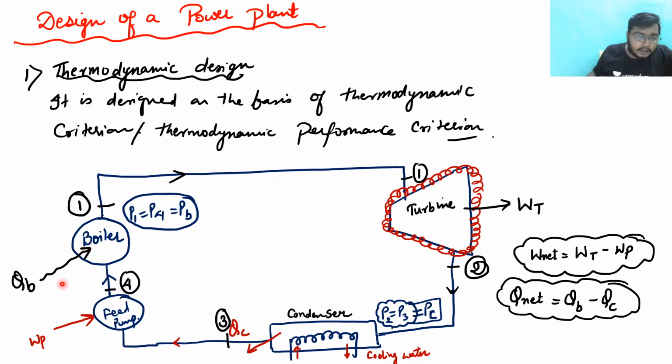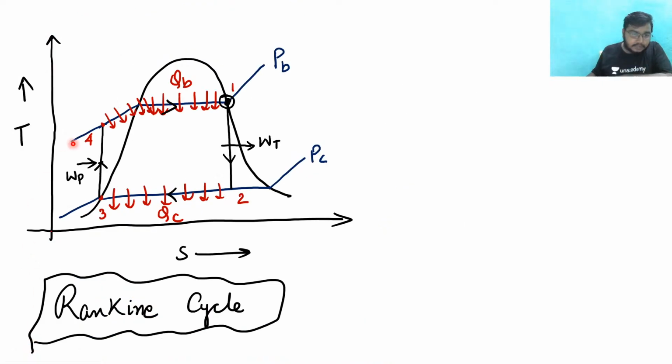Subham ji, please see here. From the boiler, you are feeding saturated steam to the turbine, and the turbine has done work, that is Wt.